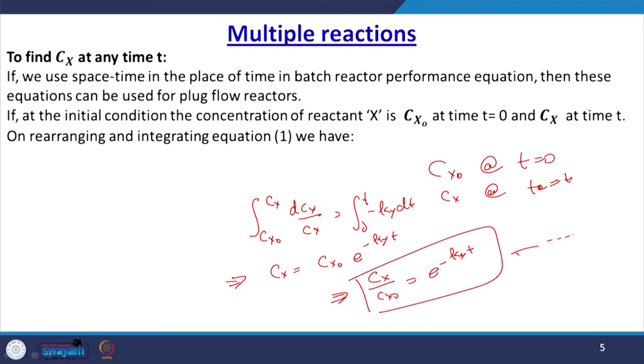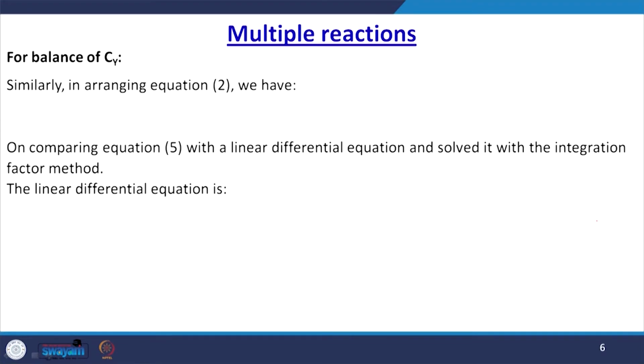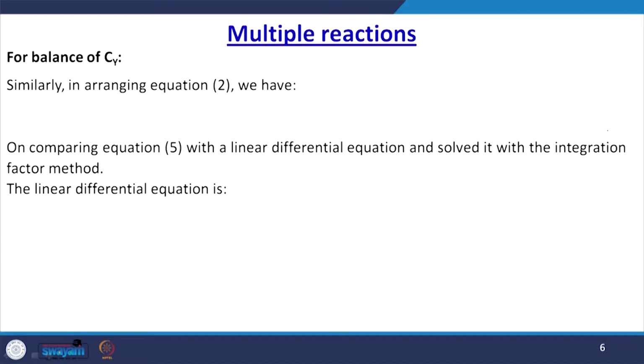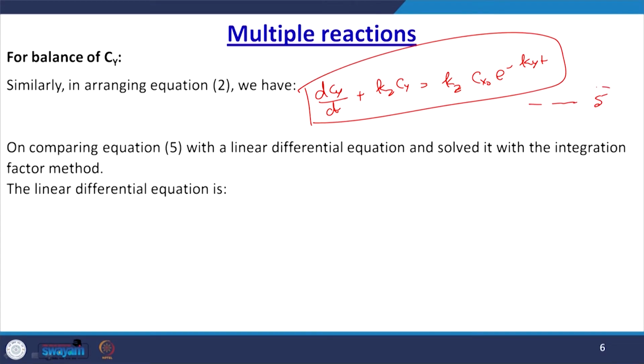Let us say that this is equation number 4. Now if we talk about the balance of Cy, remember this is the intermediate. We can rearrange equation number 2, and then we have dCy/dt plus kz Cy equal to kx Cx naught e to the power minus kx t. This can be represented as equation number 5.